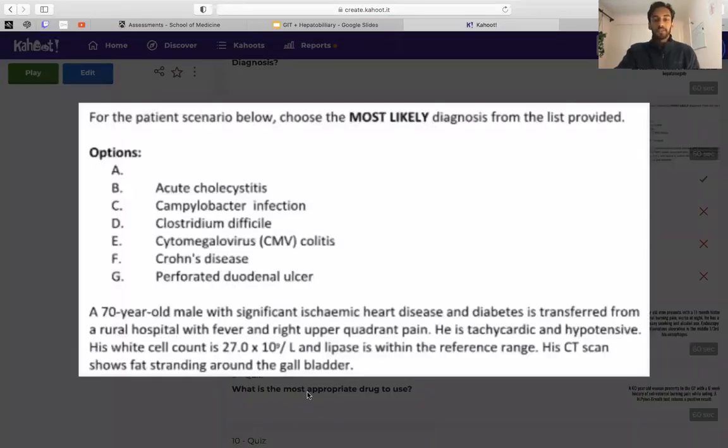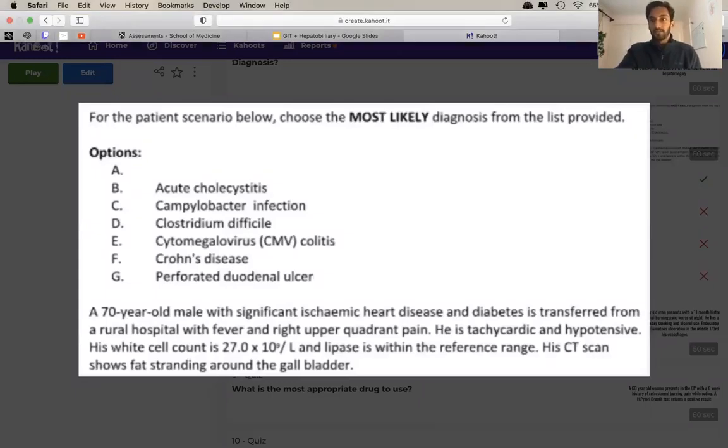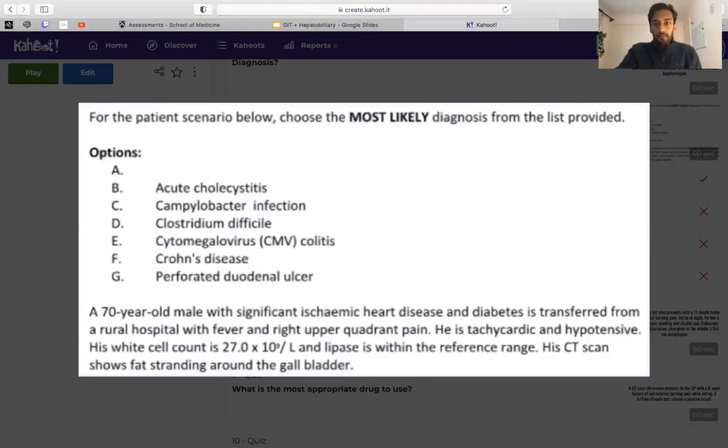All right, we just had a couple of questions in the chat, so I'll go over this very briefly. Looks like that was my bad. I would say that this is more likely to be cholangitis because of the tachycardia and the hypotension.